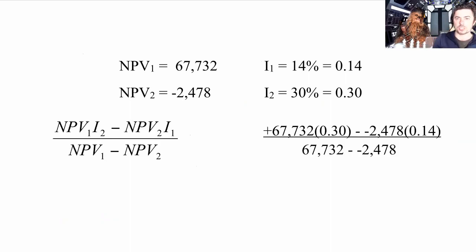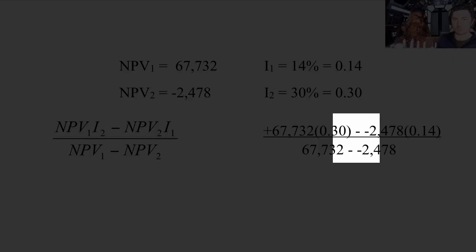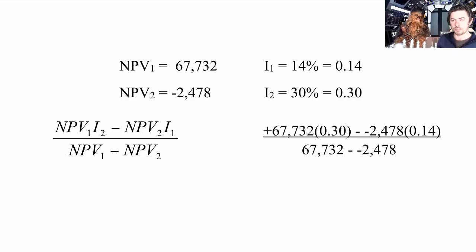So plugging those into your values, again, notice the negative numbers. Notice how I keep the negative number when the net present value is negative. So see that on the right side of the top line, we have a minus 2478, and on the bottom line, we have a minus 2478. I just do that so I won't make a mistake. That's all. You don't have to do it.